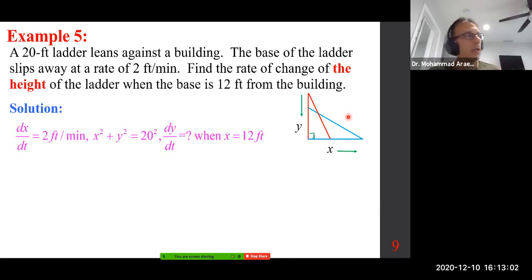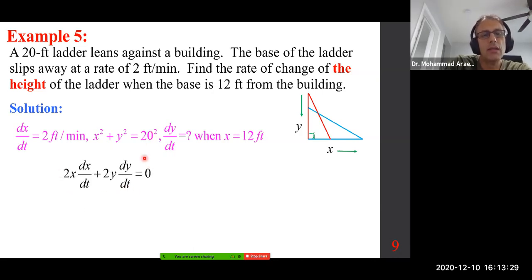Otherwise z squared, if it's missing. So what did we do? We just translated. We are translating, class. Now, differentiation of this practically finishes the job. 2x dx dt plus 2y dy dt equals, the right side is any number, happens to be 400, and it becomes 0.